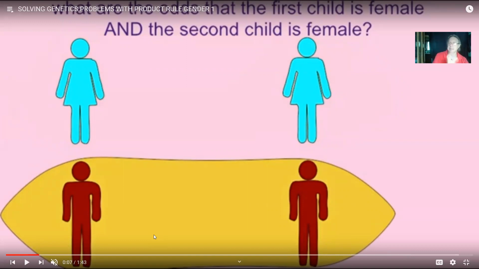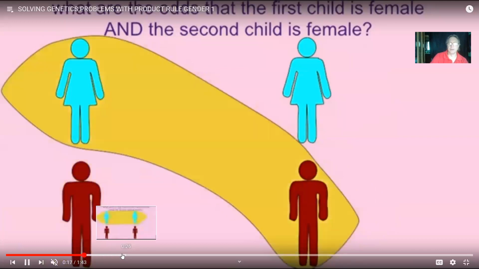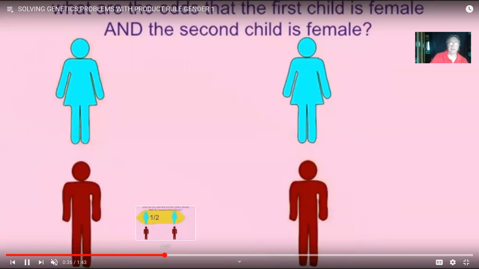But let's say that the odds of having a daughter versus the odds of having a son are half and half. All right, so if this is the first child, there are 2 options, male or female, and there are 2 options here. Once again, we're obviously treating gender more simplistically than it actually is.